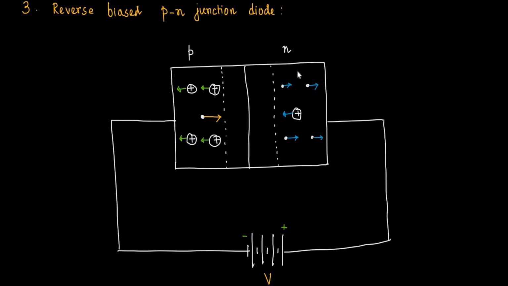Now we can denote the different immobile ions in the p region in the depletion layer. So here we should have negative ions, and in the depletion layer in the n region we should have positive ions. Now we can denote a fictitious battery. What is the function of the EMF of this fictitious battery? It opposes further diffusion of majority charge carriers up to the knee voltage, and this region is called the depletion layer.